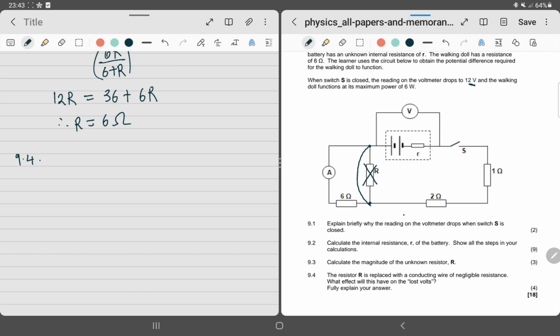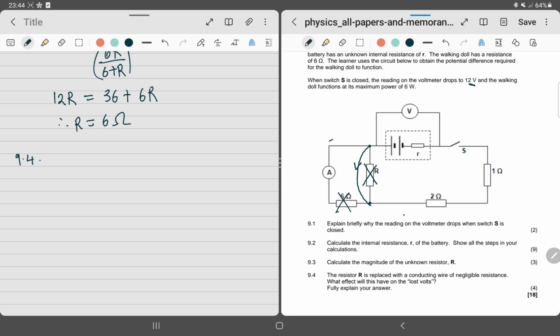So a conducting wire has zero resistance, thus will allow maximum current to flow through it. So it means that the maximum current will flow across the wire. So in this direction, no current will flow because the current always flows in the path with the least resistance. So zero current will flow this way. So it means that we are also killing that resistor there.